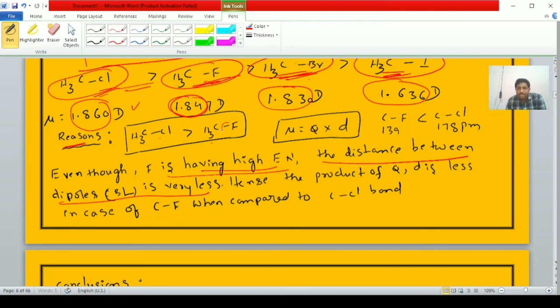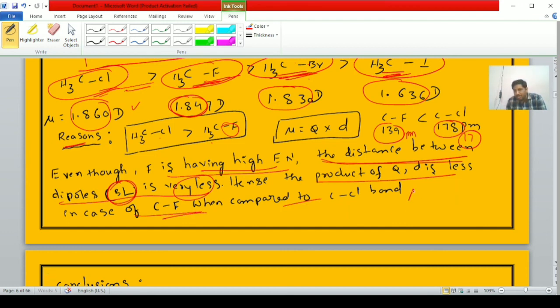Even though fluorine has the highest electronegativity, 4.0, the distance between the dipoles is very small. The C-F bond length is just 139 picometers, whereas the carbon-chlorine bond is 178 picometers. Hence the product of Q and D is less in the case of the carbon-fluorine bond when compared to the carbon-chlorine bond.